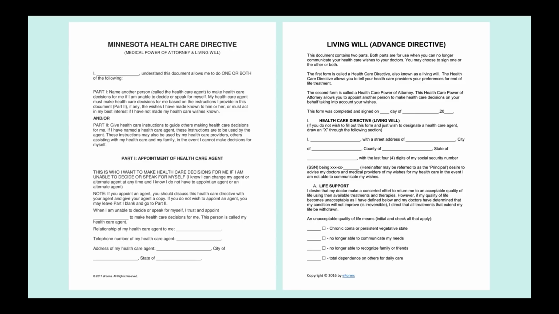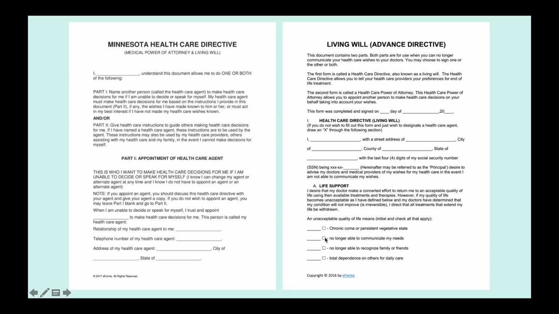So this is an example of a healthcare directive, also known as power of attorney and living will. These are advanced directives. This is an example of one that comes from a state, but you can have a variety of different templates. So there's millions of different ways that you can write these up. They're not always in the same format, but you can see here a person can determine what they deem to be an acceptable quality of life.